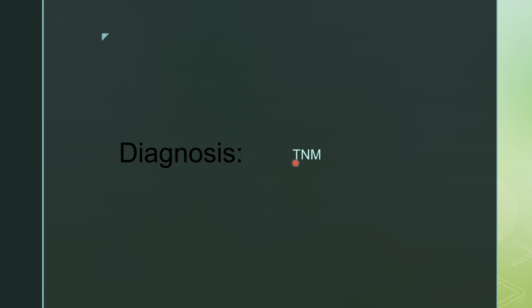The neighbors are suffering. While the N here will be the clue about the lymph node involvement, whether it has spread to the lymph nodes or not. We have N0, meaning the nearby lymph nodes do not contain cancerous cells from the prostate gland, while N1 means there are cancerous cells in the lymph nodes around the prostate gland.